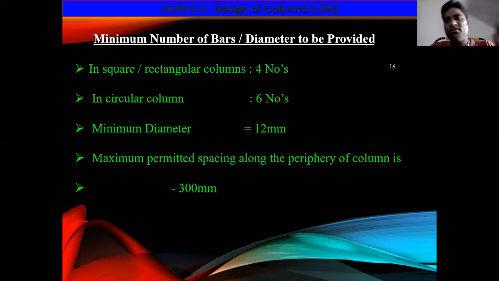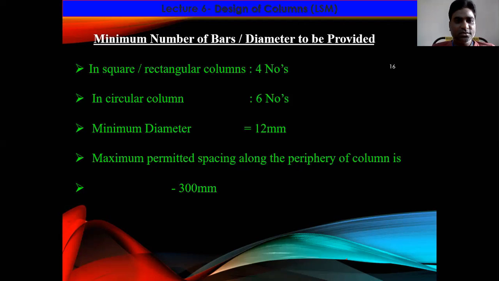See, I am reading from the code book directly. It is already given. It is officially allowed for your end examination also. You should be familiar with your code book, because a lot of information is available in it. While designing a member, you need to follow the guidelines provided in IS 456:2000 according to the type of member and design, right?